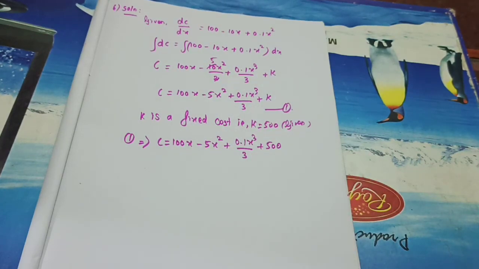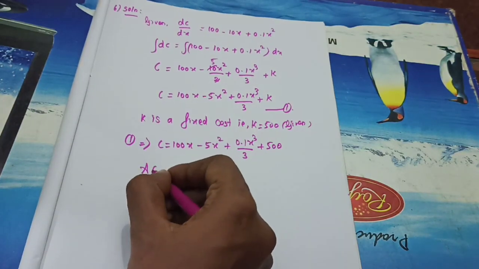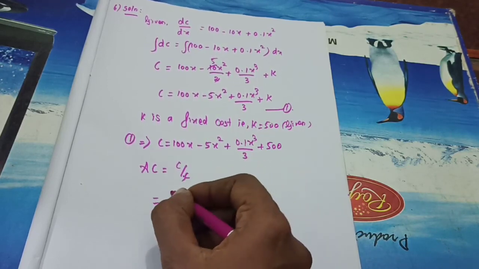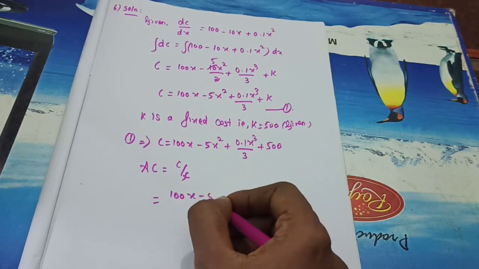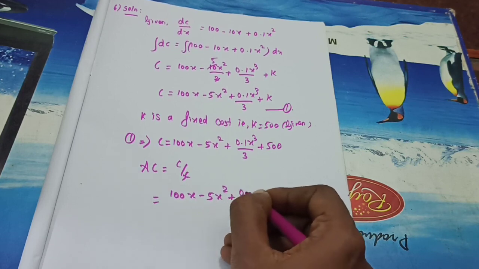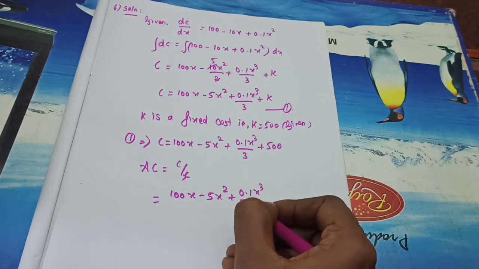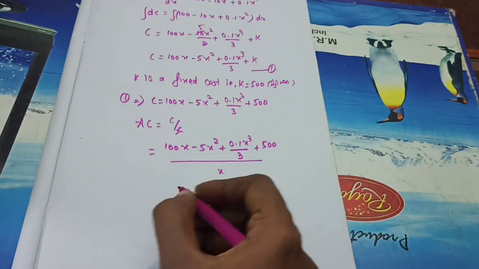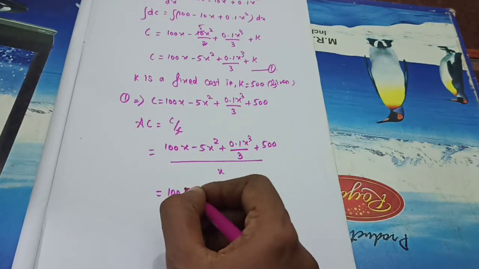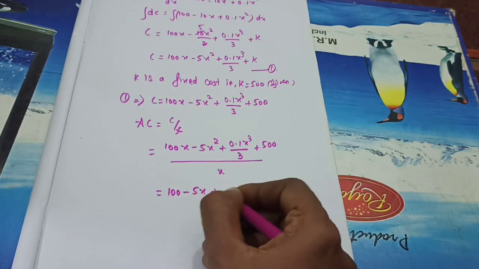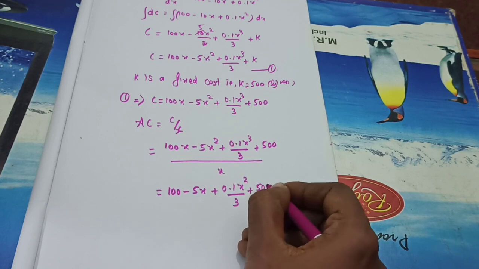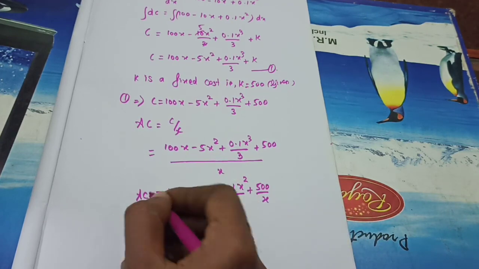This is the value for total cost, but you need to find average cost also. So average cost AC is equal to C by x. Substitute the value: 100x minus 5x square plus 0.1x cube divided by 3 plus 500, divided by x. So each and every term divide by x: 100 minus 5x plus 0.1 x square by 3 plus 500 divided by x. This is average cost.